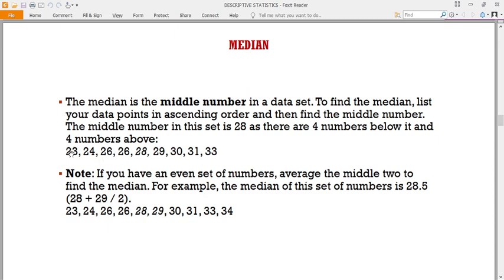So you now look for what is in the middle. So if I go side by side, 23 and 33, 24 and 31, 26 and 30, 26 and 29, so 28 is in the middle. So now that is the median.